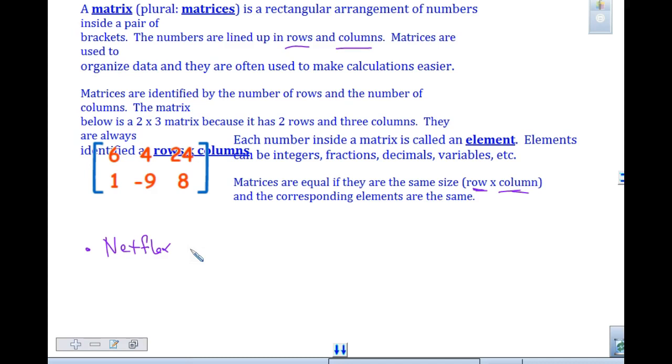They store your information digitally in matrices, and when you come back, they say, hey, you liked this show, why don't you try this one, right? That's how they use it in business.